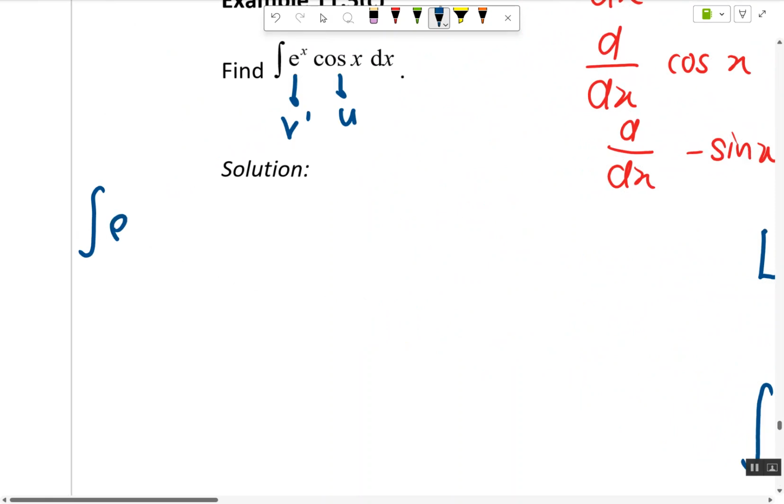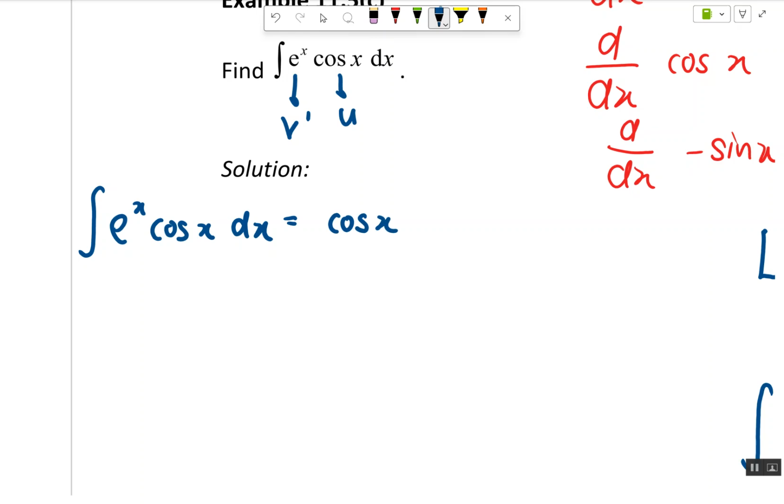The integral of e power x cosine x dx. You can choose to do the table method like we did just now, or looking at the top, keep u as cosine x, integrate v prime, I'm still just going to get e to the power of x, minus the integral of u prime, differentiate cosine x, is negative sine x, and v is still e to the power of x dx.